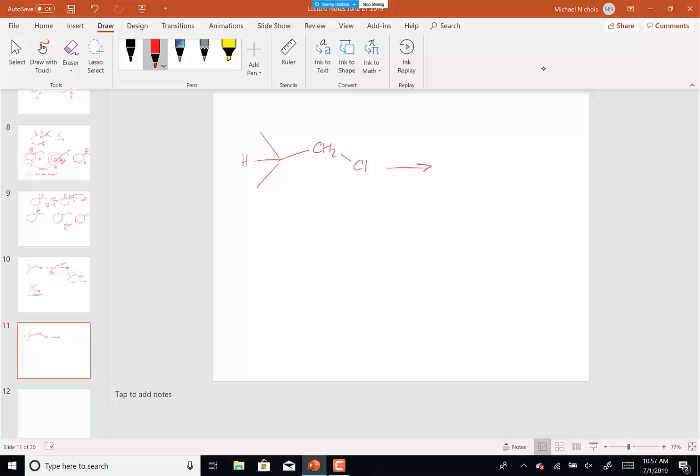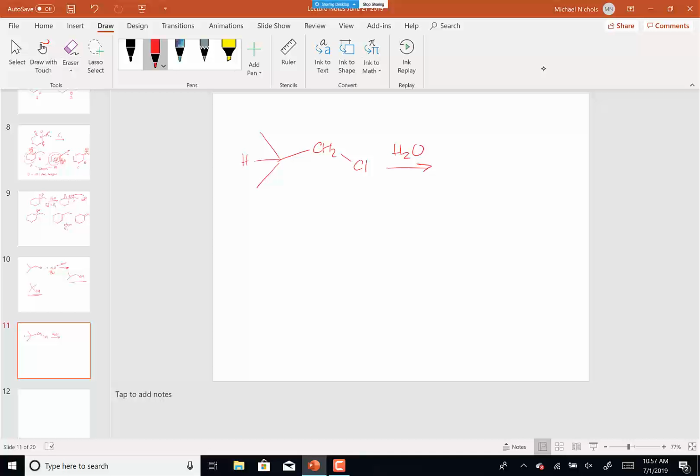So here's what can happen with this molecule. Let's say, I'm going to give this human characteristics. This primary alkyl halide can't react with water because water is a weak nucleophile and it could only react if it became a carbocation.